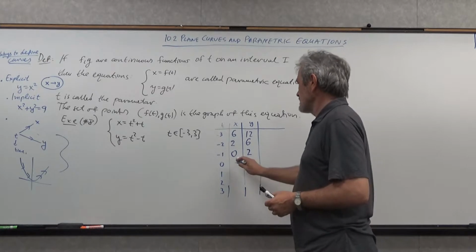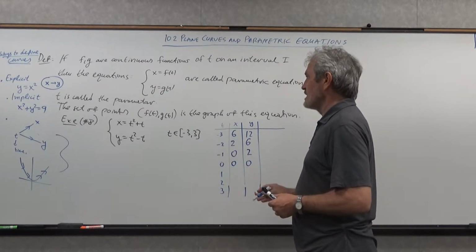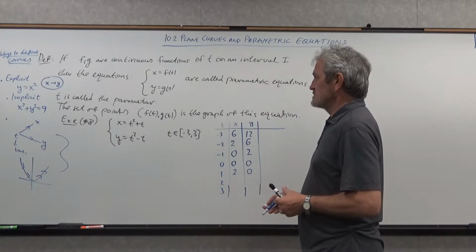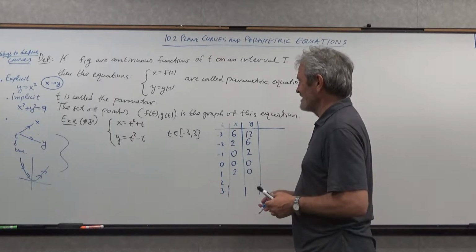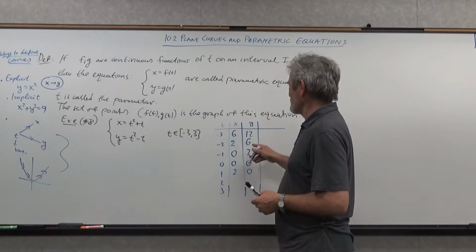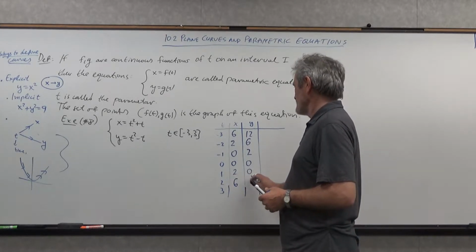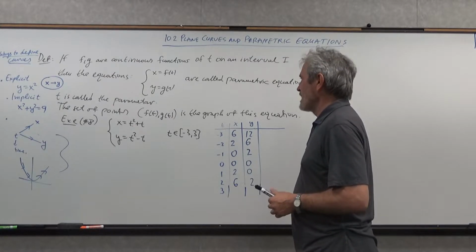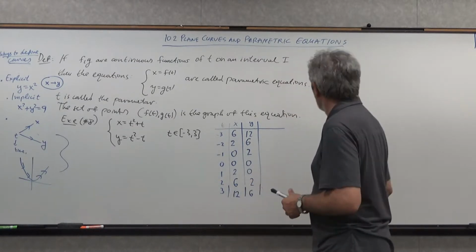When t is 0, they are both zeros, obviously. When t is 1, we get 2 and 0. When t is 2, we get the other way around. What was y before is now x, so it will be 6 and 2. They kind of switch the rows. And at 3, we get 12 and 6.